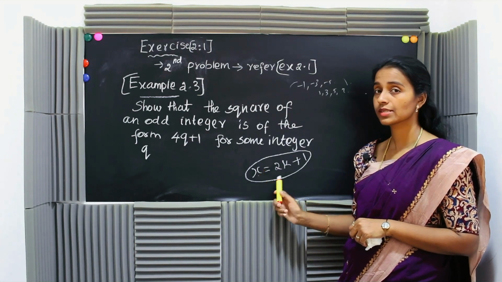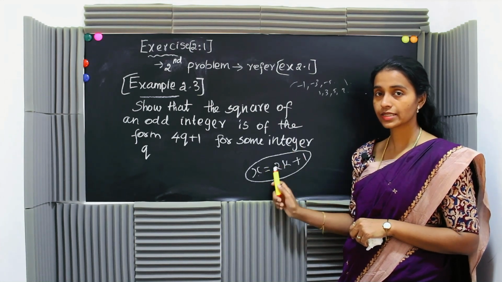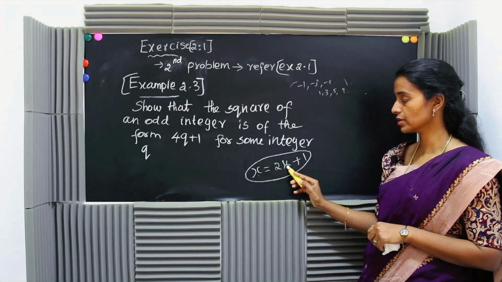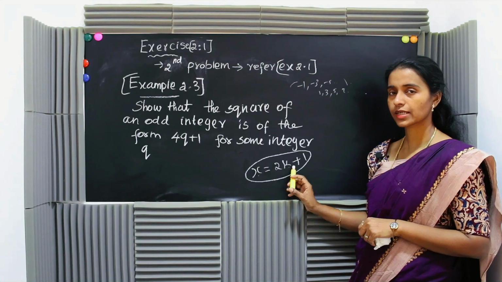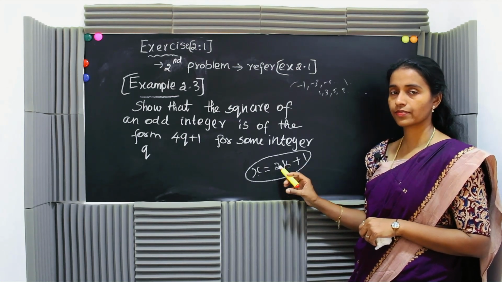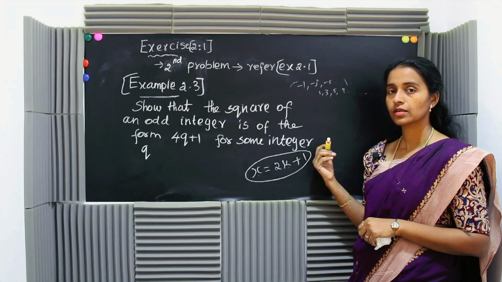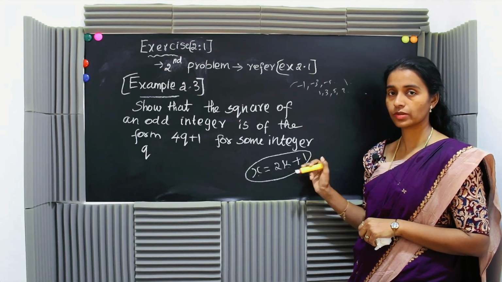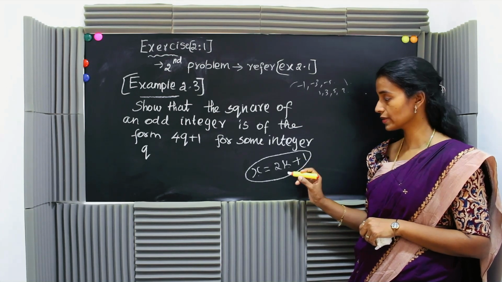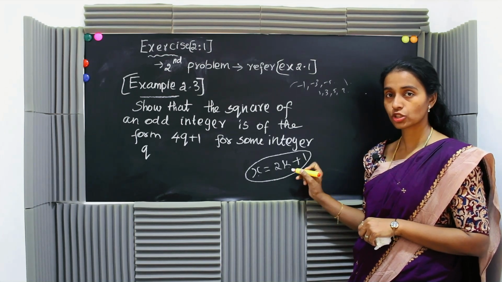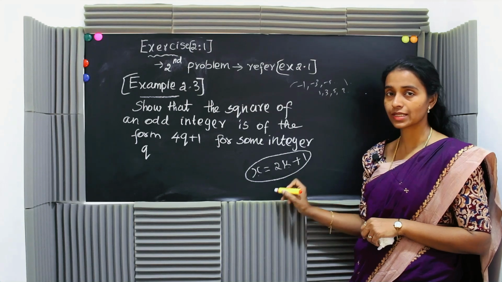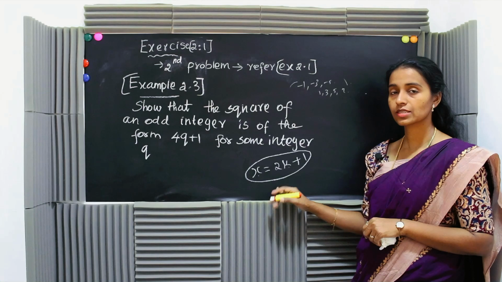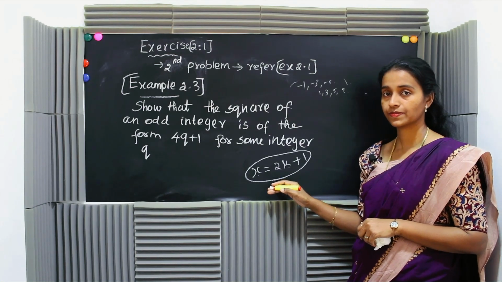This is the formula for generating an odd number. Here k represents any integer: positive, negative or 0, whatever. No matter what value we choose for k, we'll get an odd number as the answer. This is the general formula.